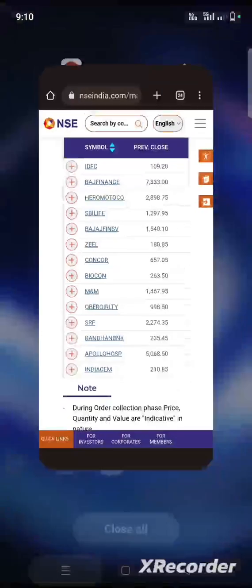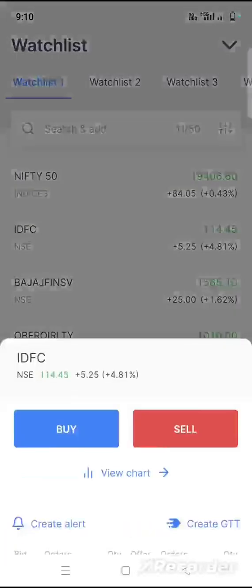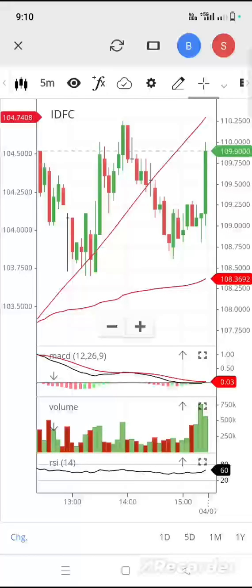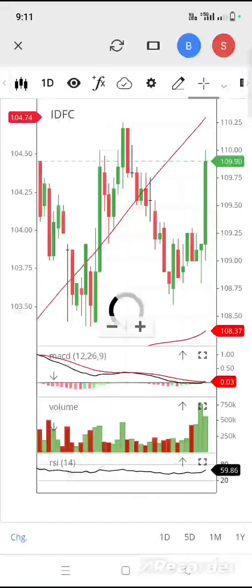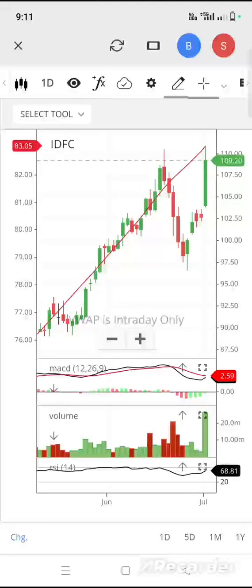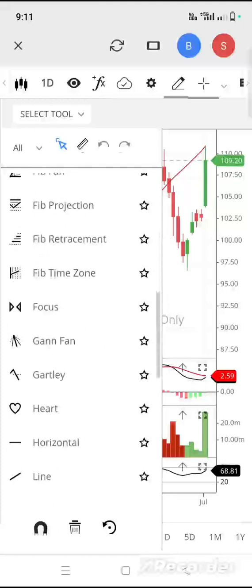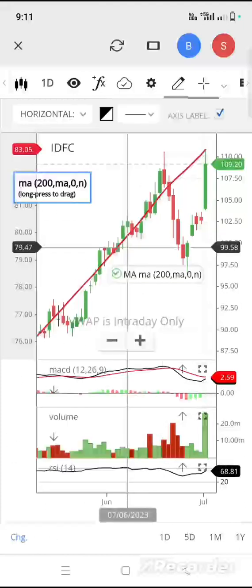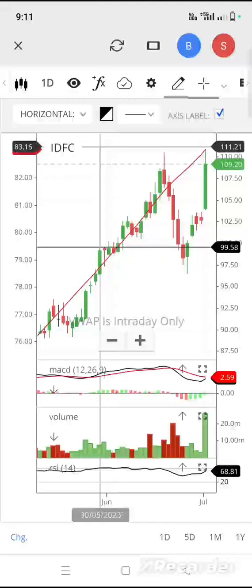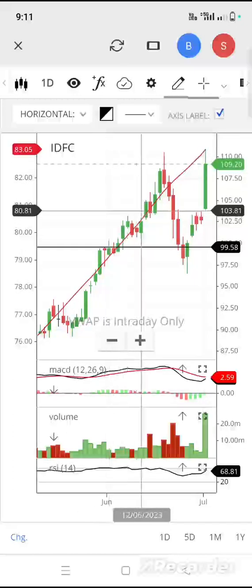So now what I do is I'll open all charts one by one. Select one day candle and mark its previous low and highs. Like this.